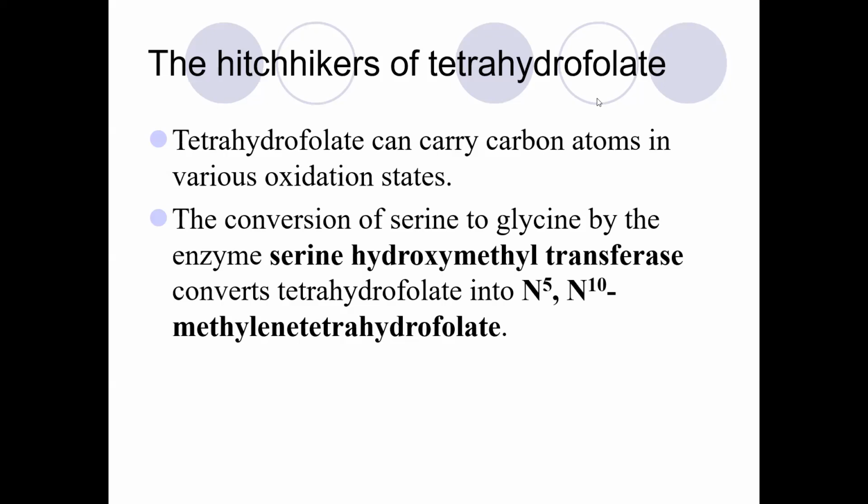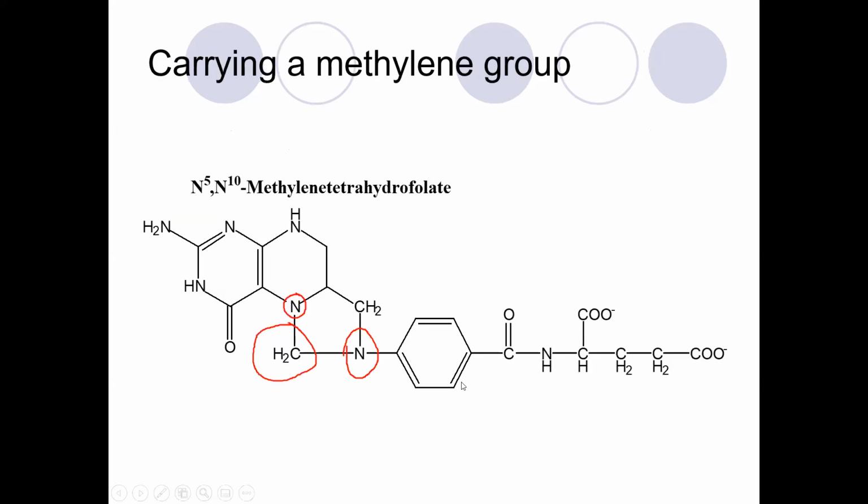So the conversion of serine to glycine provides the donation of the methylene group to tetrahydrofolate. Now this enzyme, serine hydroxymethyltransferase, is also highly conserved.